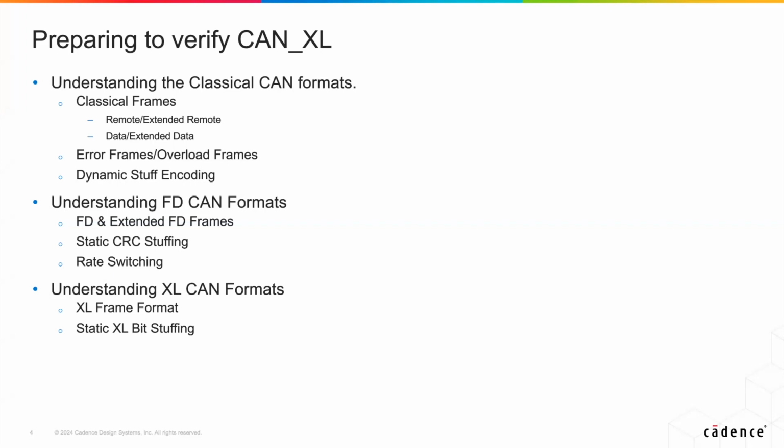After finishing the understanding of these formats of CAN and CAN FD, we can start understanding the new challenges CAN Excel provides, which are the Excel formats and the new stuffing methodology that is adopted by CAN Excel.